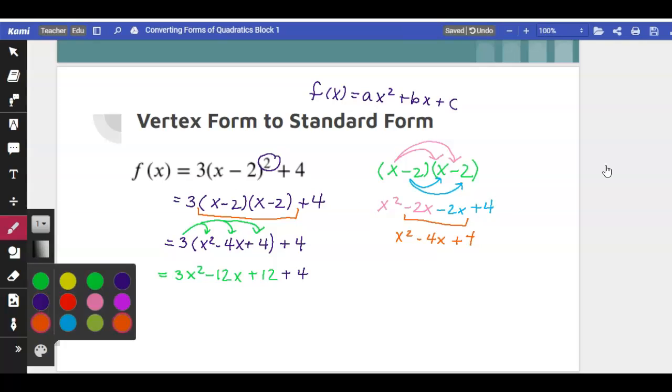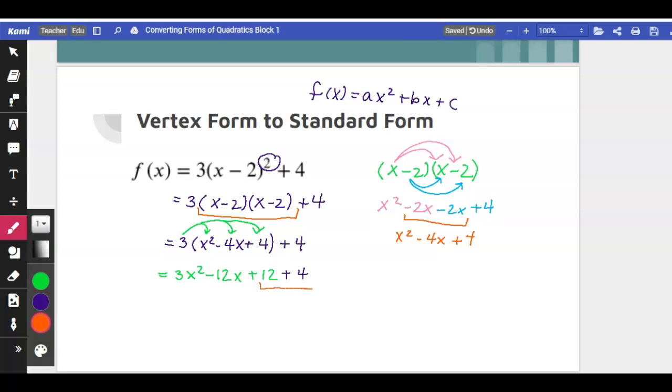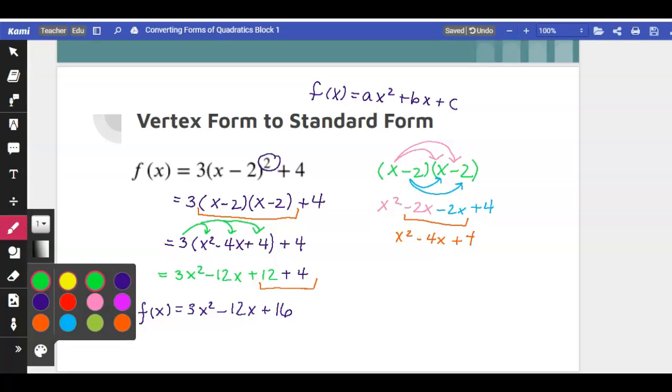And now my final step, if I've got any more like terms, and I do, I'm going to combine those together. And I get 3x squared minus 12x, and that gets me 16. Now, you can always double check yourself.